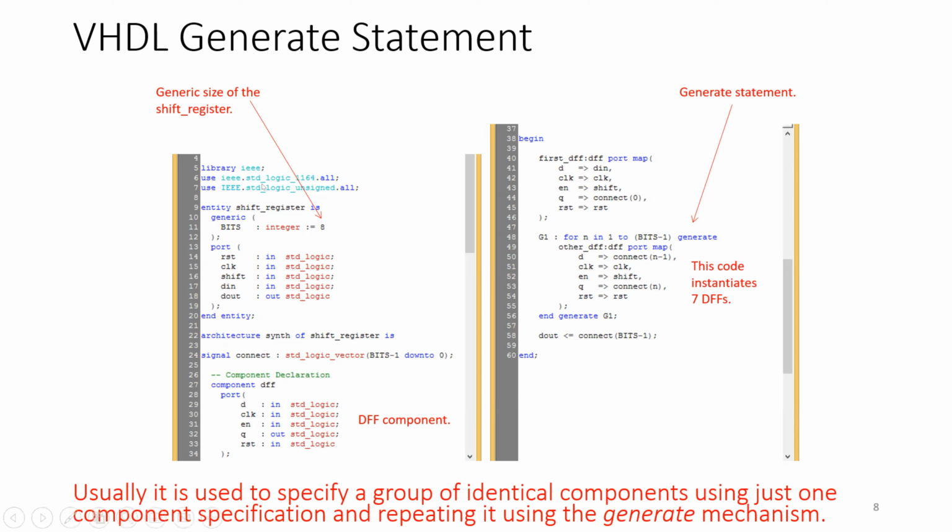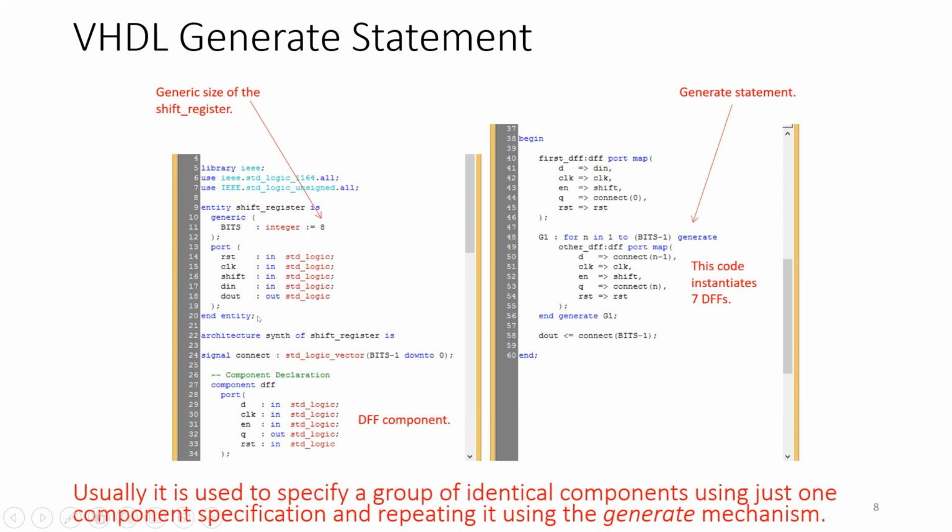So this is my main program right in here. And this main program is using generic bits, that's 8 bits. And those are my IOs of this program, shift register. All are in here. Okay.